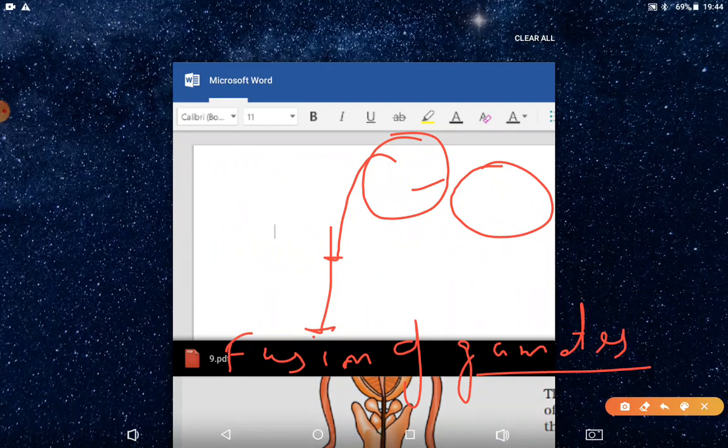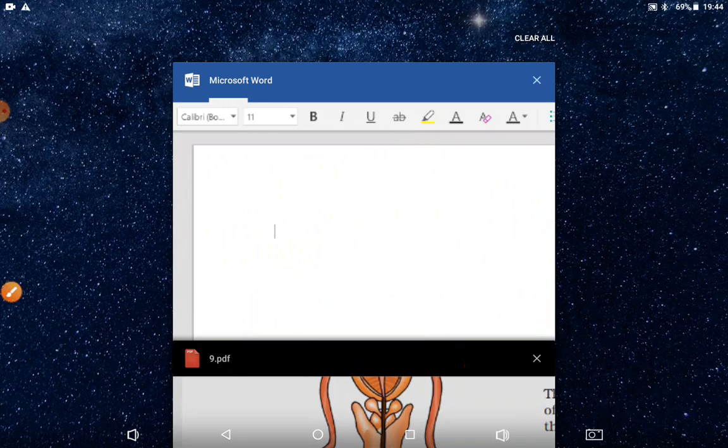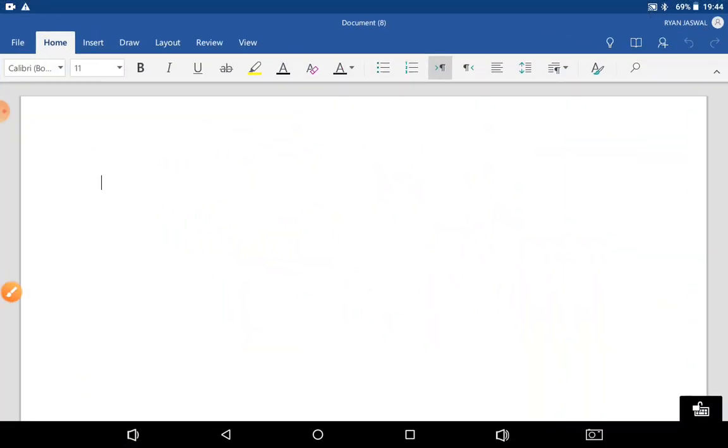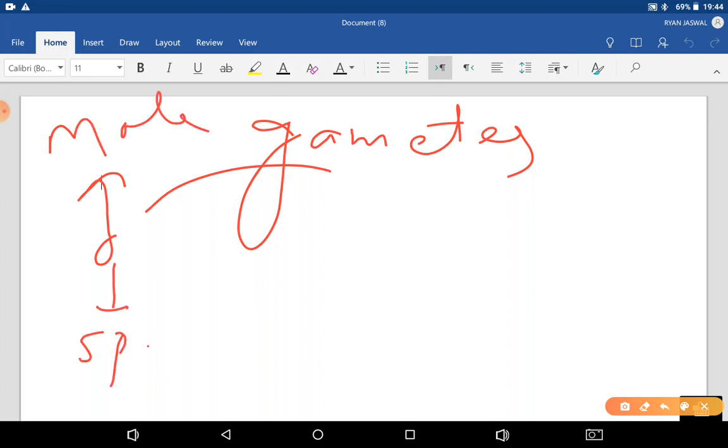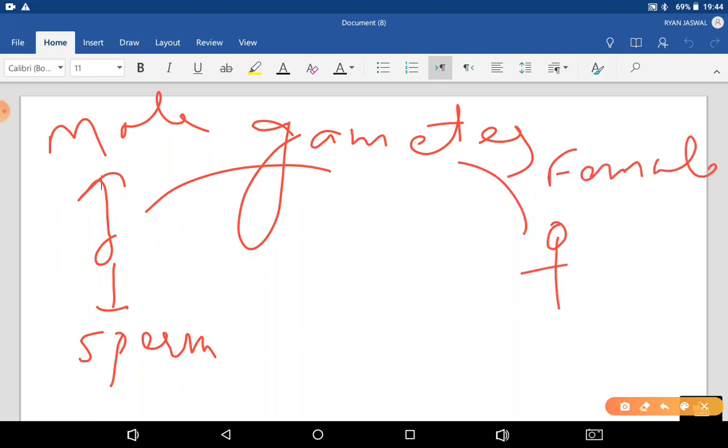Now what do we mean by gametes? In the case of male, the gamete is known as the sperm. In the case of female, the gamete is known as the egg or ova.